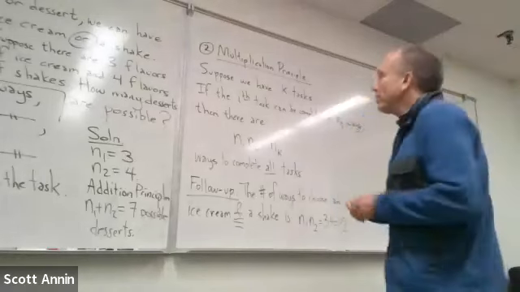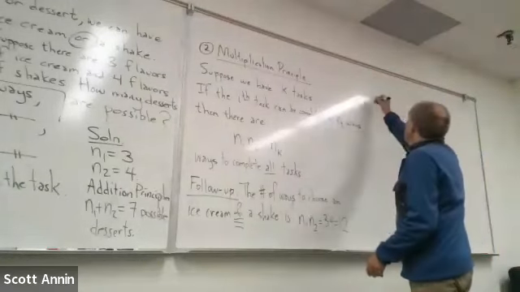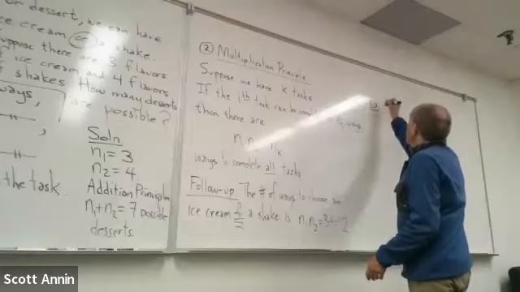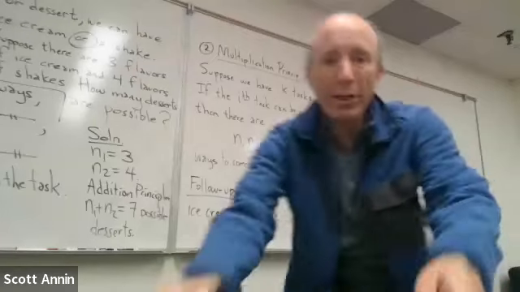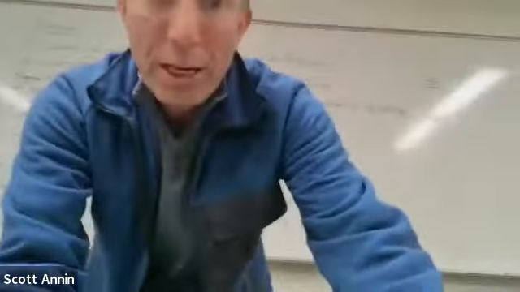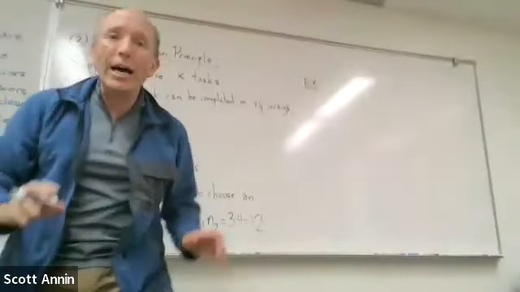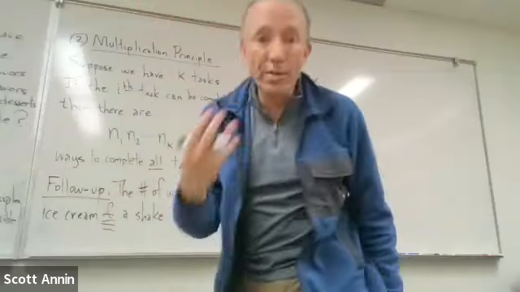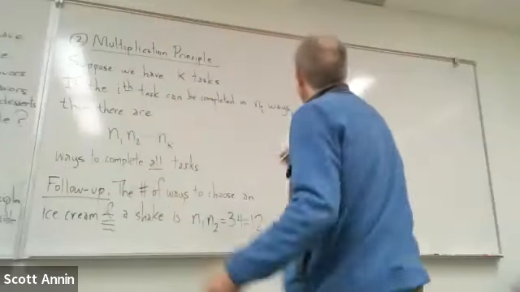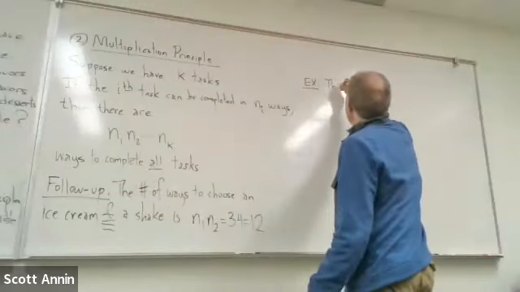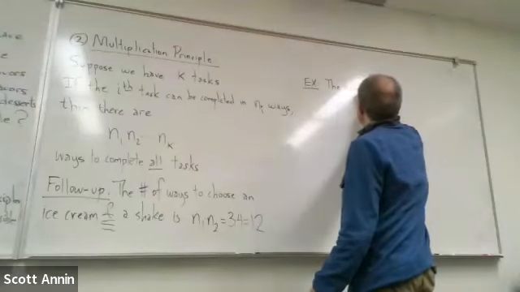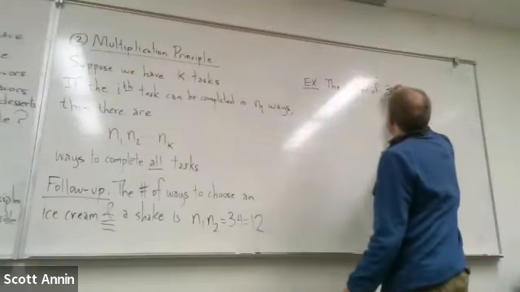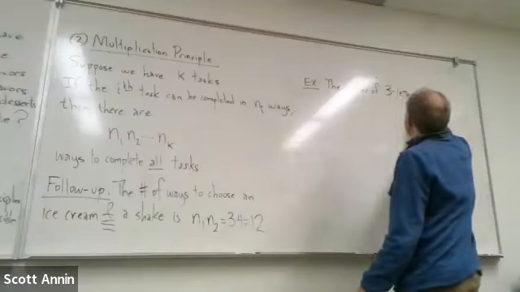Okay. Just as another, more abstract example of this multiplication principle. The multiplication principle comes up a lot. You don't always realize that you are doing k tasks to solve a problem. For example, if I ask you, what is the number of 3-letter strings?